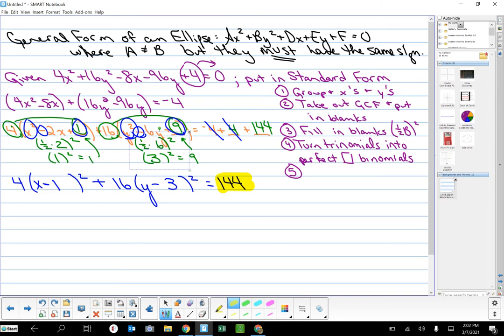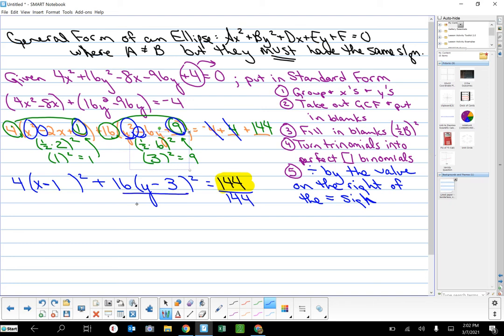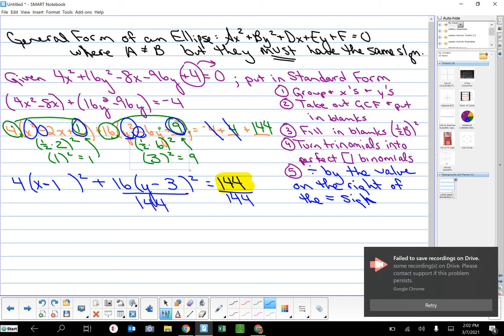So what we're going to do in this case is we are going to divide by the value on the right of the equal sign, because that has to be a 1 every single time. So we've got to turn that into a 1. We're going to divide that and divide that.